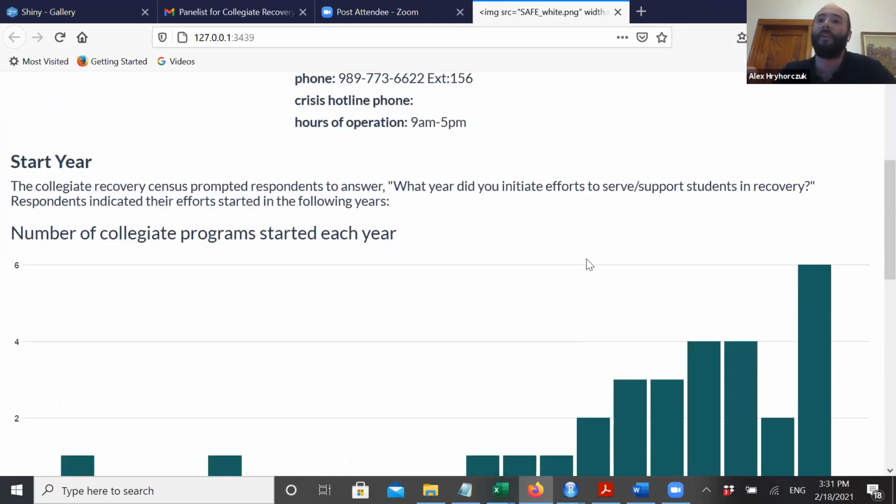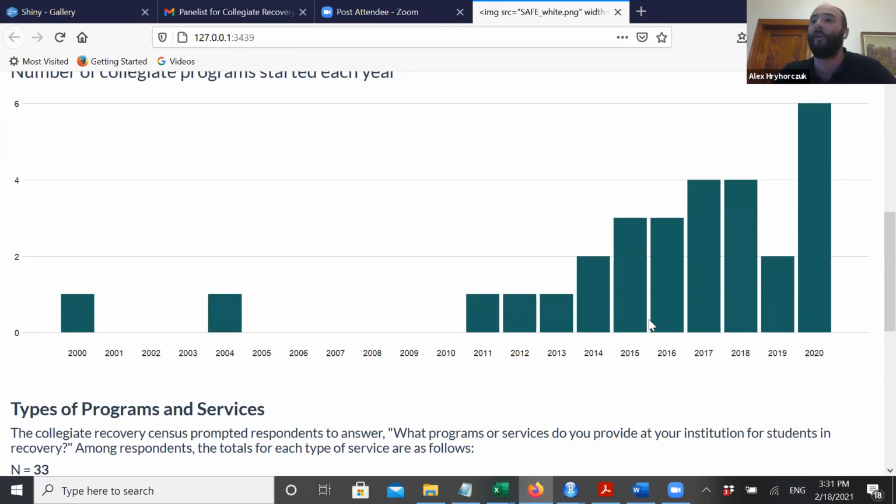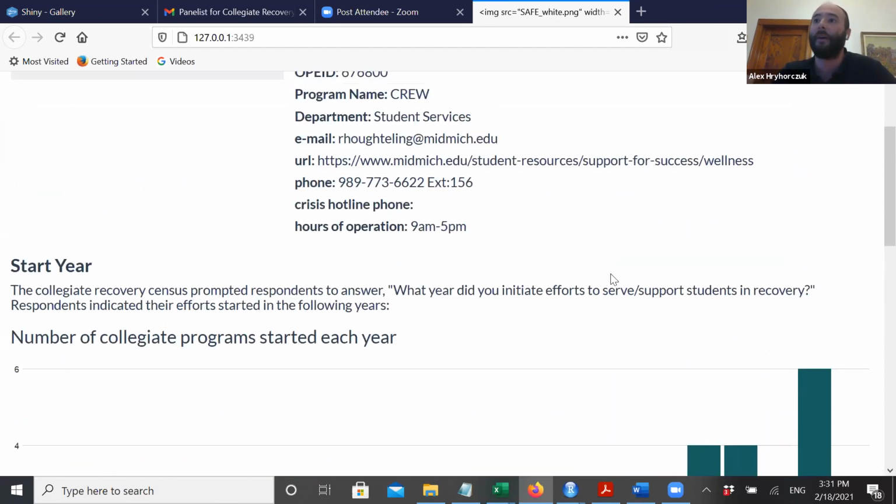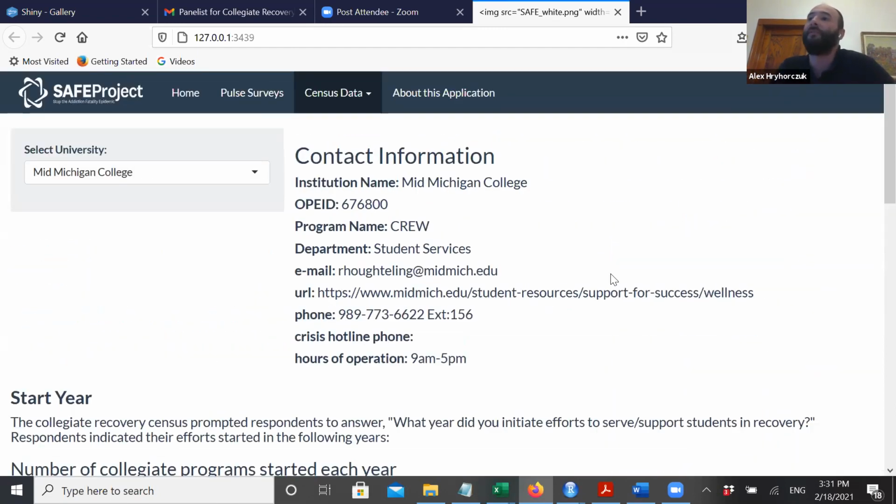So you might be in a chart like this, but no one will see that such and such university was this and such university was that. Or you have the choice of not sharing any data at all, in which case, thank you for taking the time to take the survey.